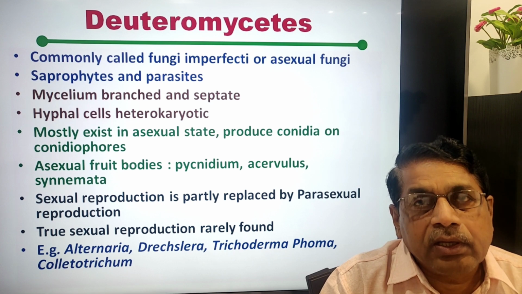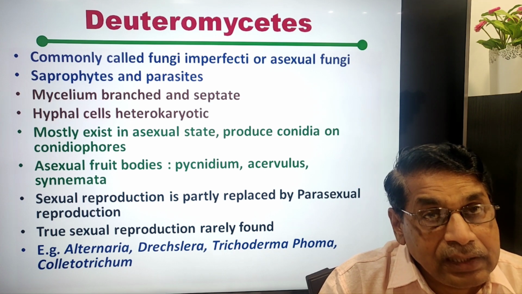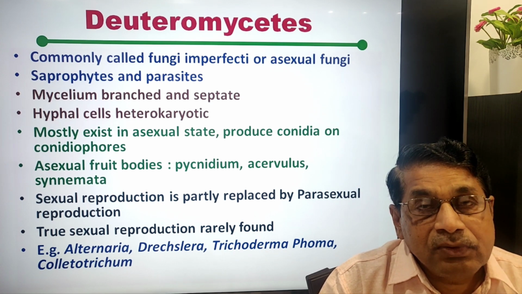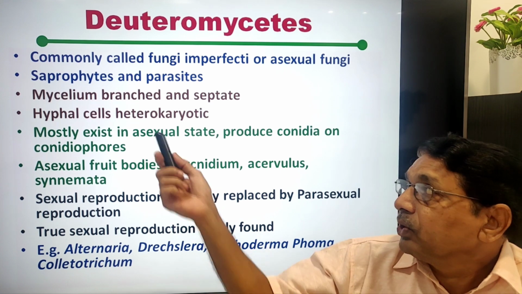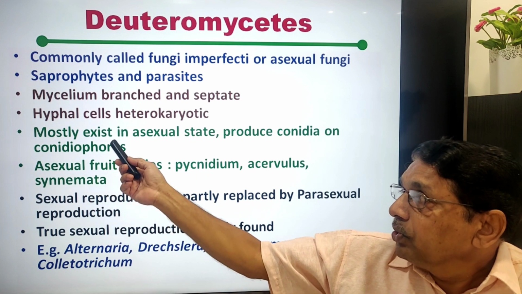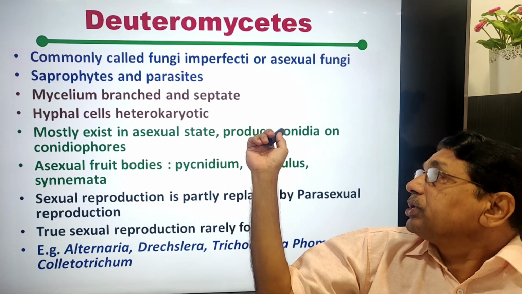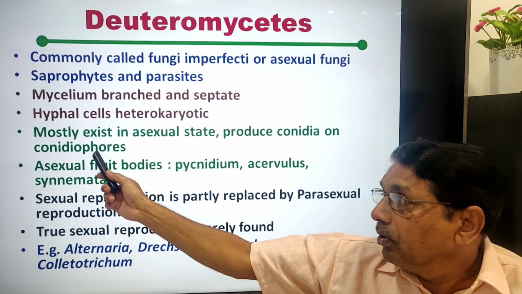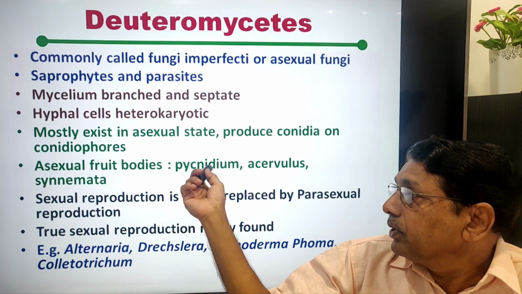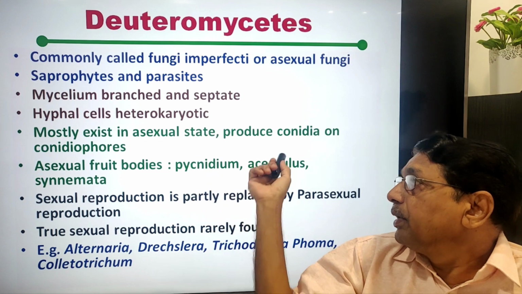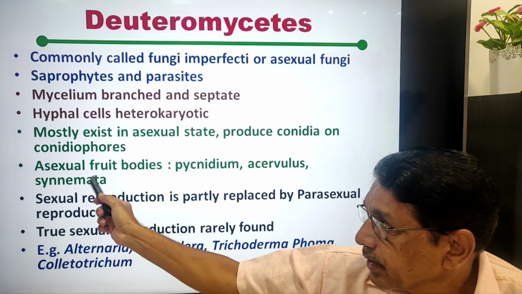Hetero, different karyons. Genetically different types of nuclei exist in the same cell. That is heterokaryosis. Mostly exist in the asexual state, producing conidia on conidiophores. Asexual fruit bodies: pycnidium, acervulus, synnema.